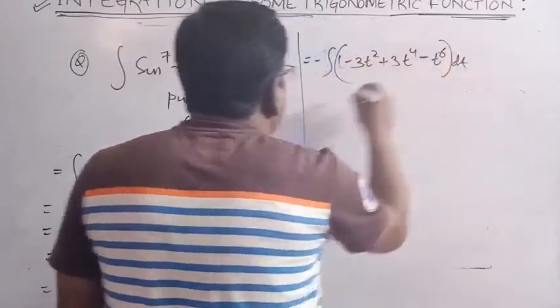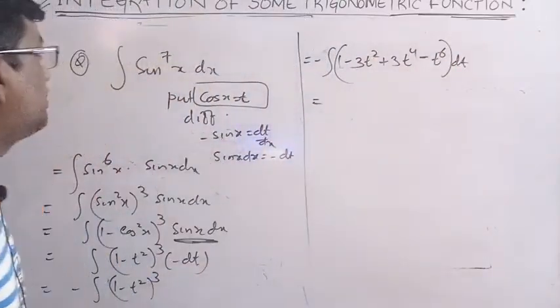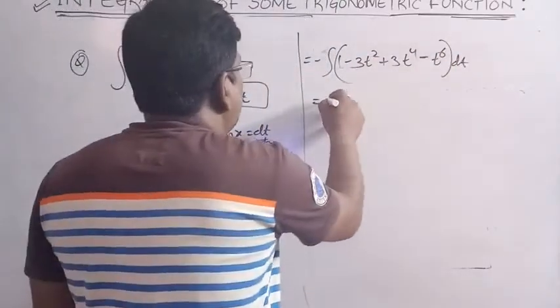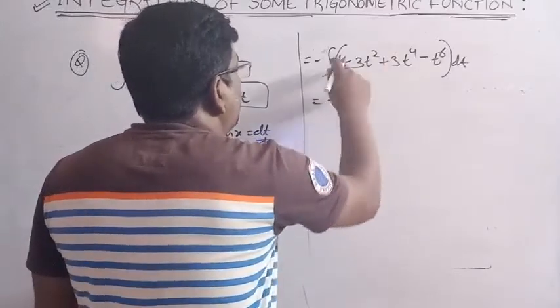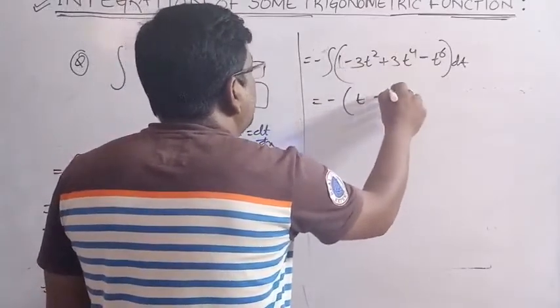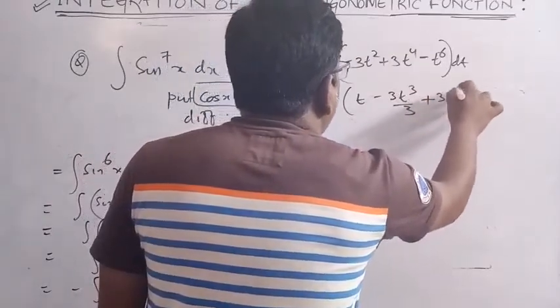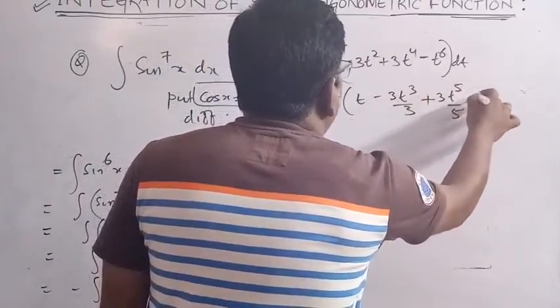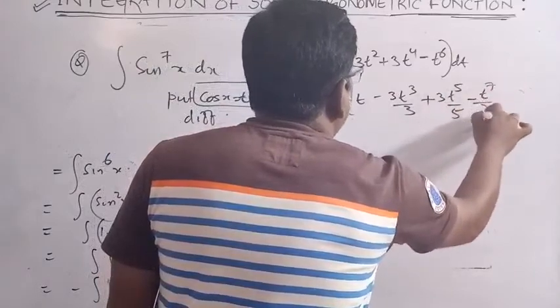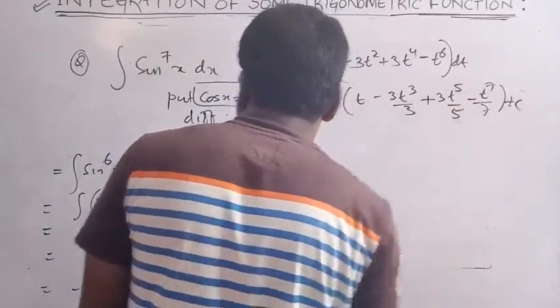So this is equal to minus the integration of: t minus 3t cube by 3 plus 3t fifth by 5 minus t to the power 7 by 7, plus c. What is t here? Cos x.